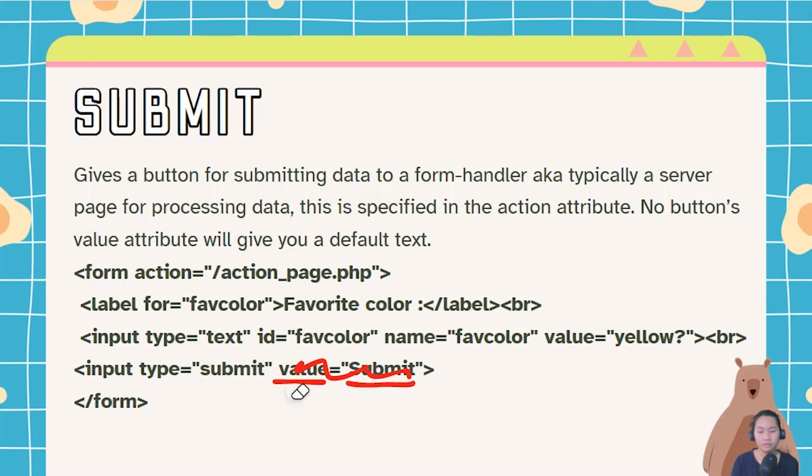But the gist of the format is just form action, and then you specify the form handler, label, favorite color, input type text, right? And the value is like yellow. This will be the default value for the text field, and then input type submit, value submit, or you can just get rid of this completely, okay?